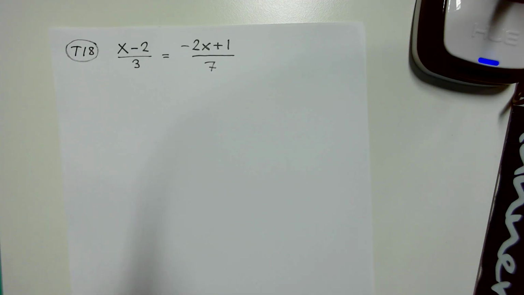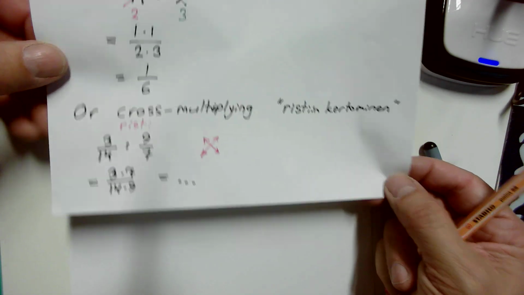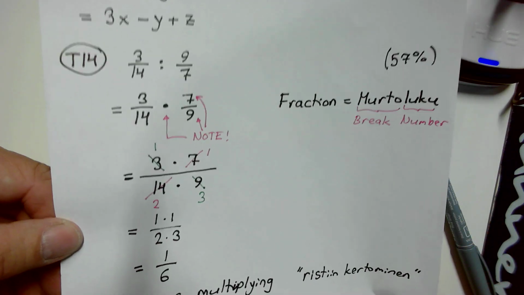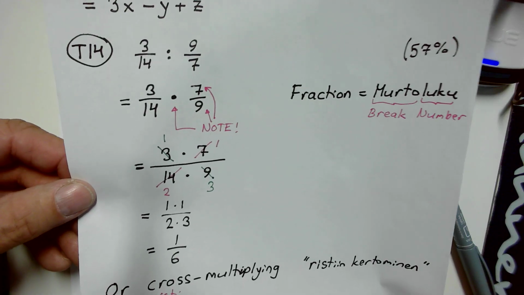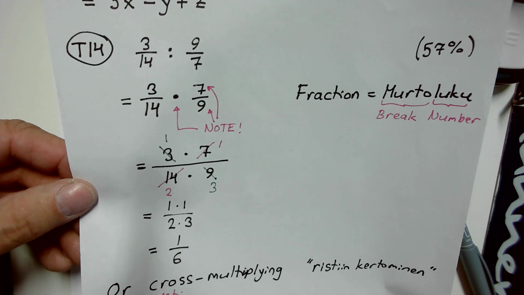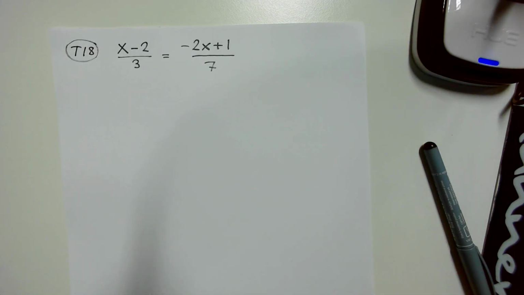And what will you do with this kind of equation? Cross multiplying, yes. It is the same procedure as we did in this problem, which we made in 2 ways. So actually this was not an equation, but the same procedure, cross multiplying.